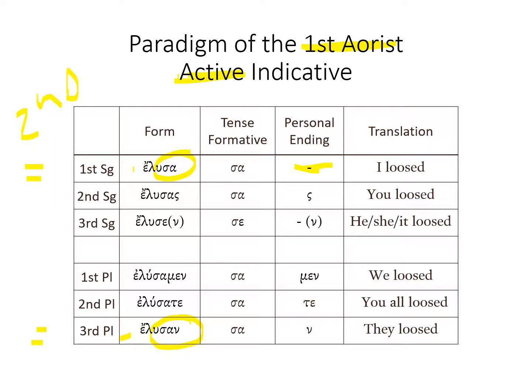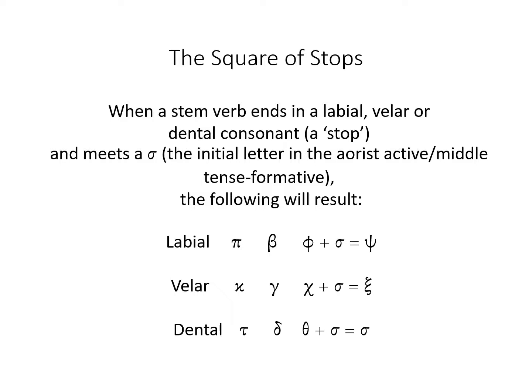Notice also that the sigma alpha becomes sigma epsilon, and that allows us to distinguish the third singular from the third plural. The square of stops needs to be kept in mind, as Mounce notes here in the chapter on first aorist, because sometimes that stem will end in a labial or a velar or a dental.